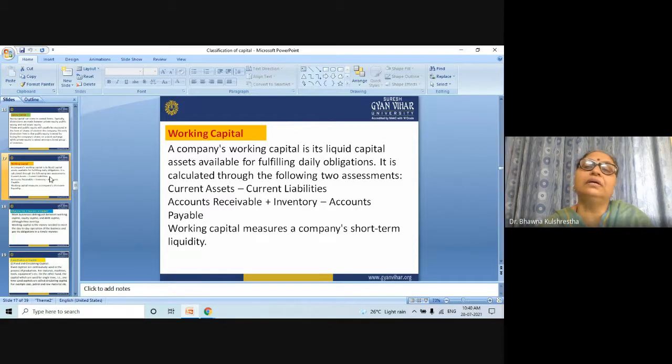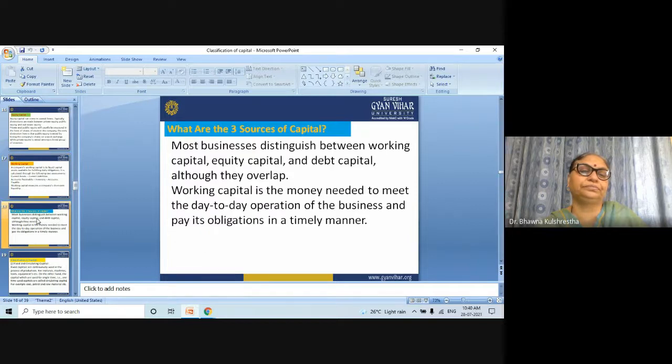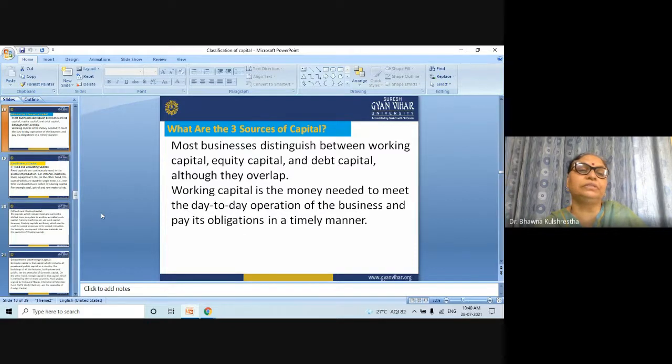And the next is, what are the three sources of capital? The three sources of capital most businesses distinguish between are working capital, equity capital, and debt capital, although they overlap.